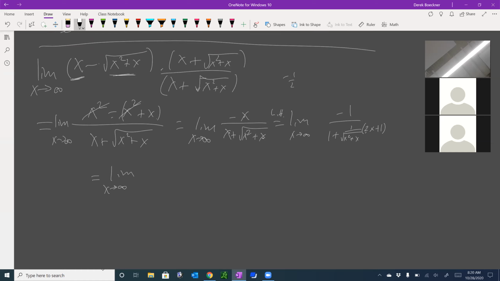So we'll end up with the square root of x squared plus x on top, and a square root of x squared plus x and a 2x plus 1 there. That's got a minus sign on it. And now this is just getting messy.